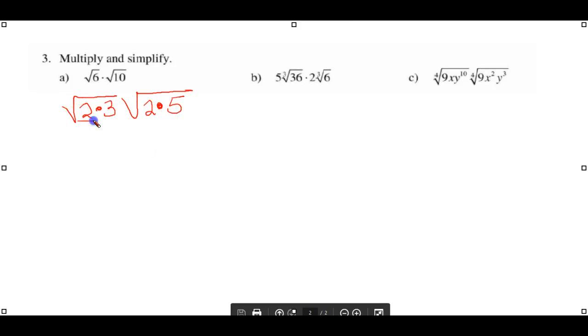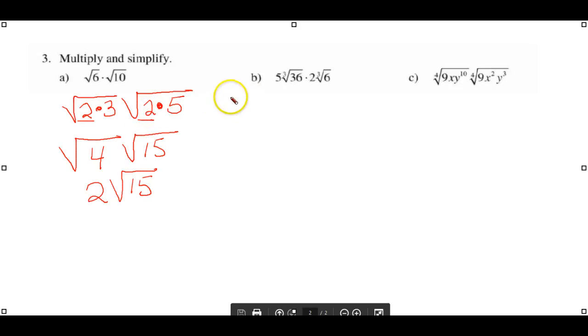Now notice we have 2 and a 2, which now is a perfect square, 4, and what's left is 15. So now we take the square root of 4, which is 2, the square root of 15. Now if you multiplied this, this would be 60, and then you would say, what's a perfect square factor of 60? And that would be 4 times 15. This is just another way of looking at it.